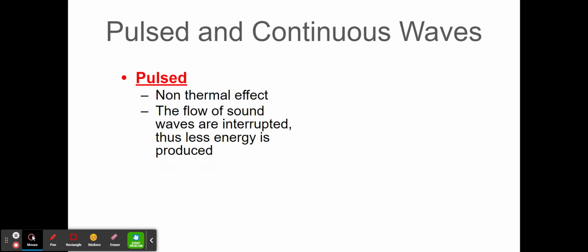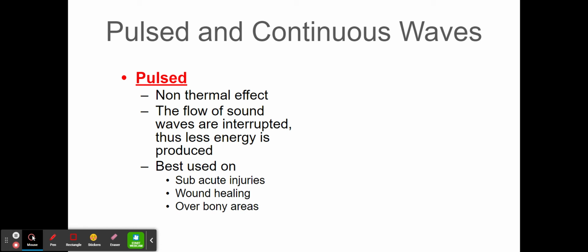There's two types. There's pulsed, which is a non-thermal effect, so it goes on, then goes off, goes on, goes off. The flow of sound waves is interrupted, thus less energy is produced. So if we have some wound healing we want to do, if we have to go over some bony areas, some subacute injuries, we can do that.